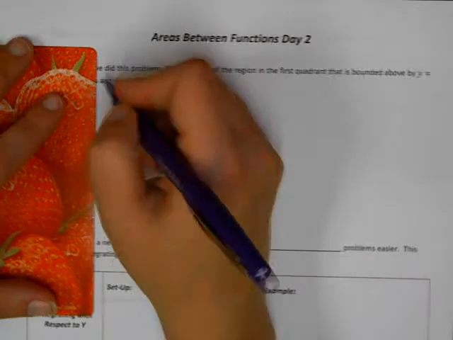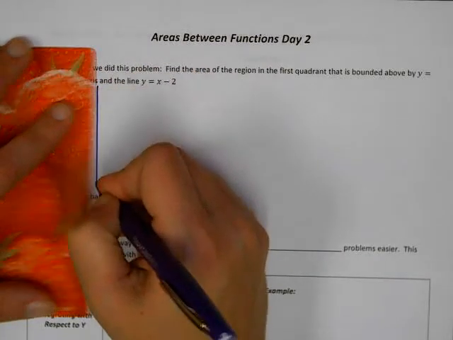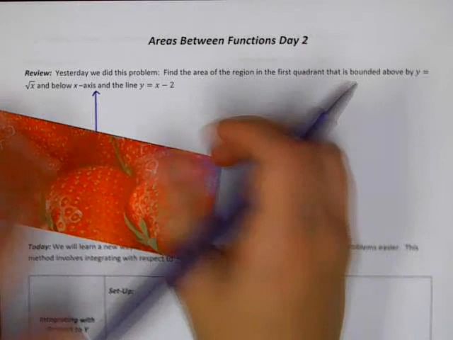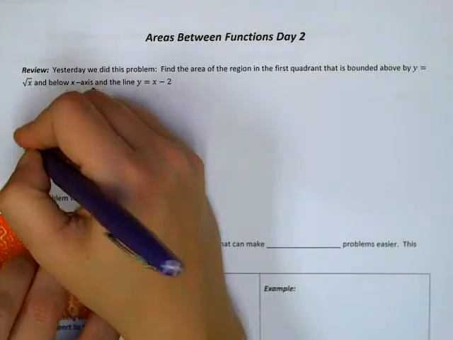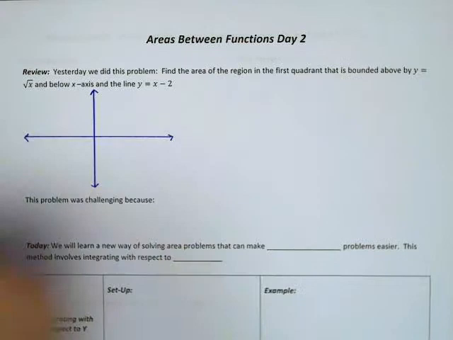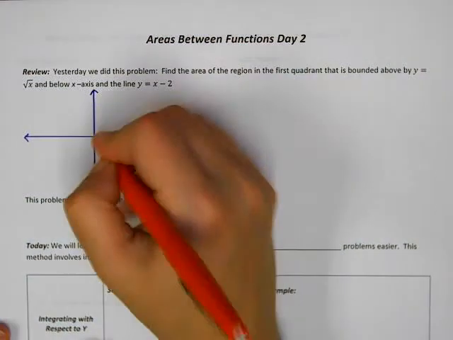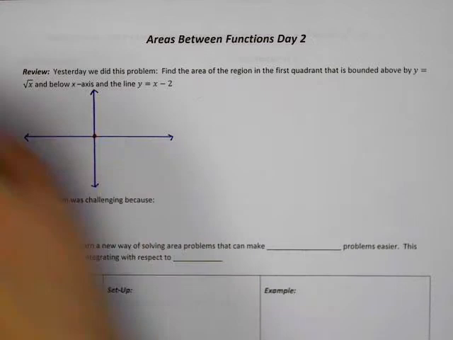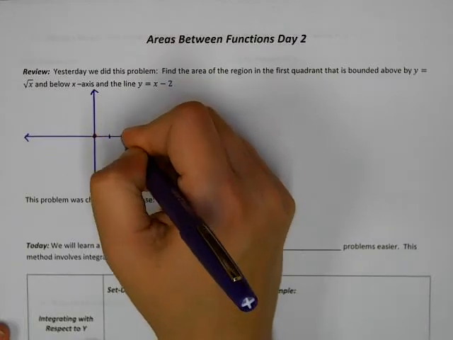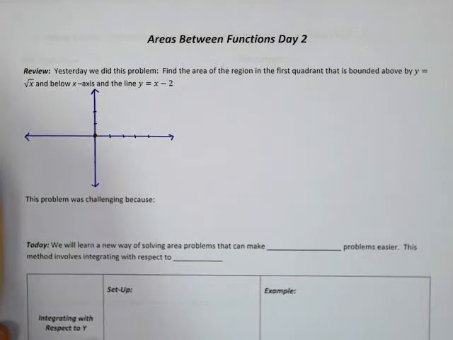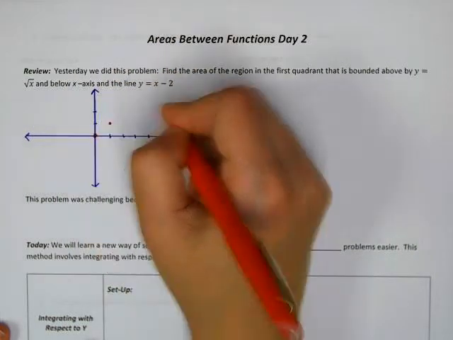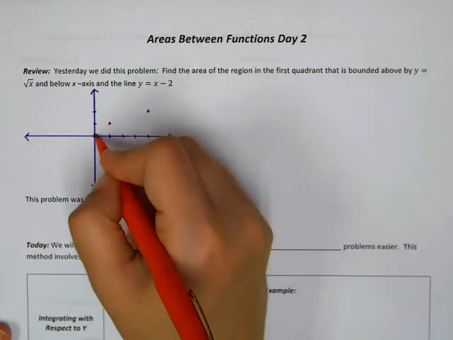If I sketch a picture just to remind us what this looked like, the y equals the square root of x function starts here. It goes through 1, 1 and 4, 2.